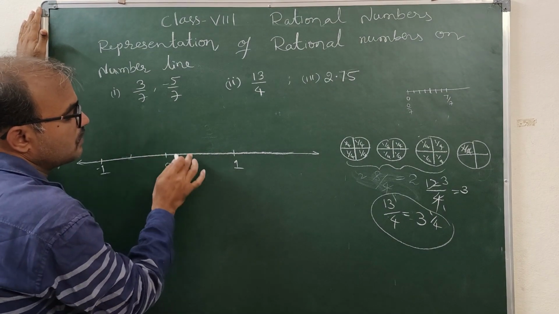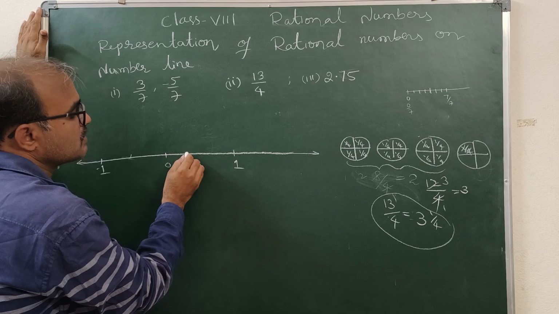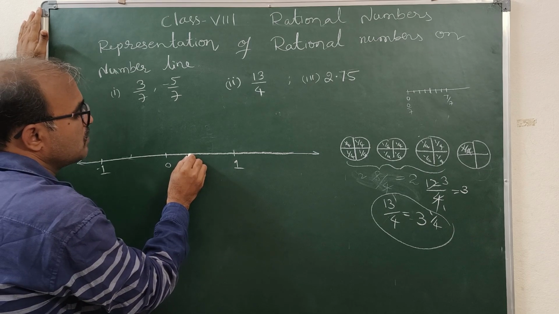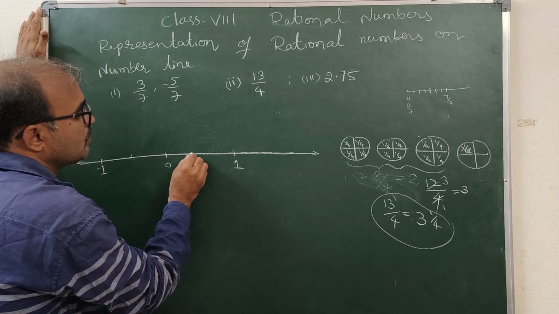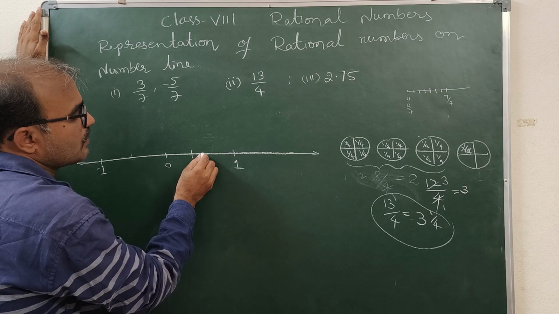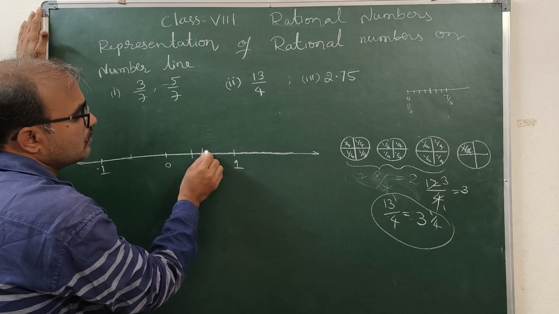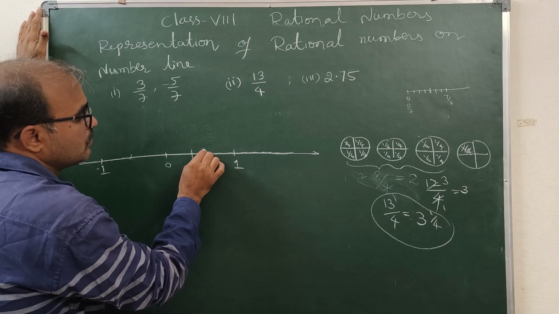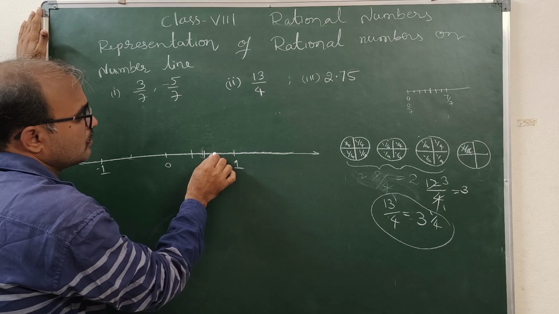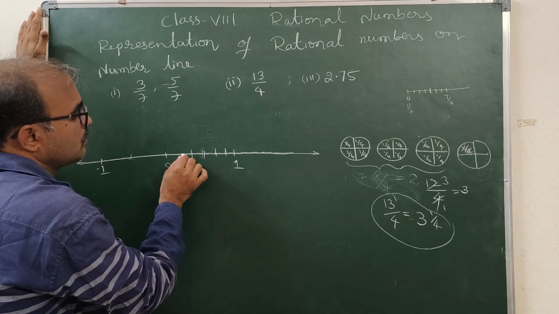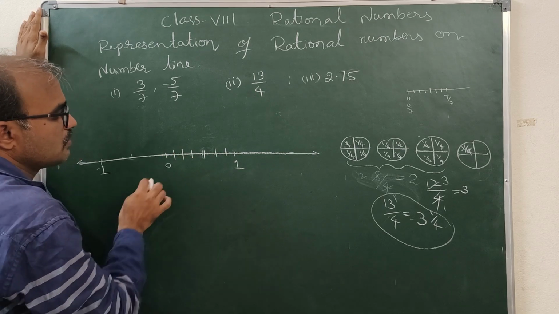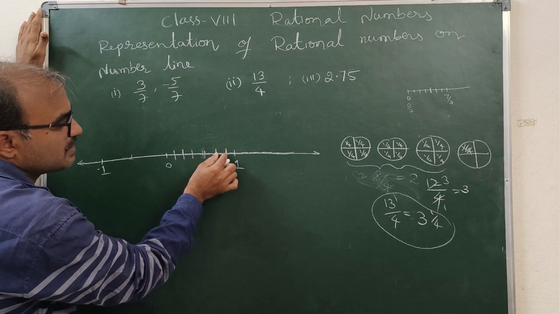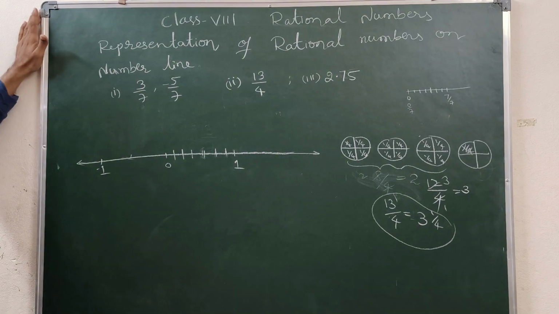For making 7 equal parts, you have to keep 6 lines, right? So I am keeping here 1 line, here more, 1, 2, 3, here again 2, right? So one part, second part, third part, fourth part, fifth part, sixth part, seventh part. So we got here 7 parts.